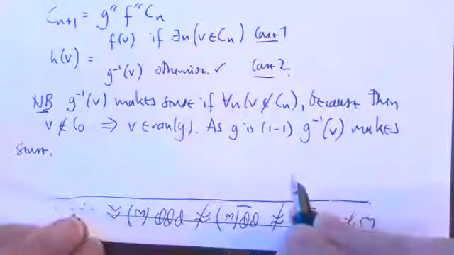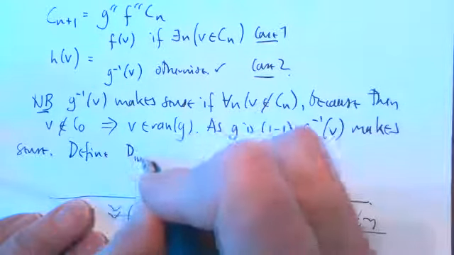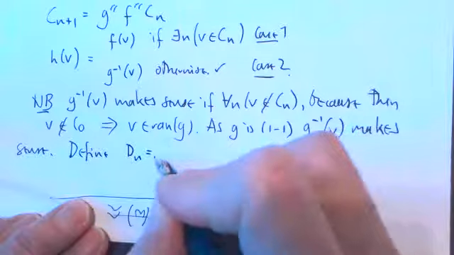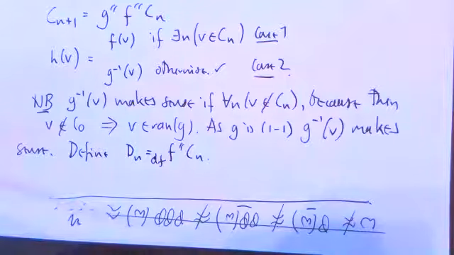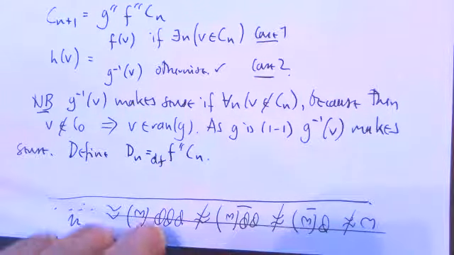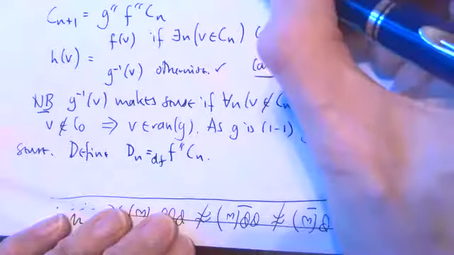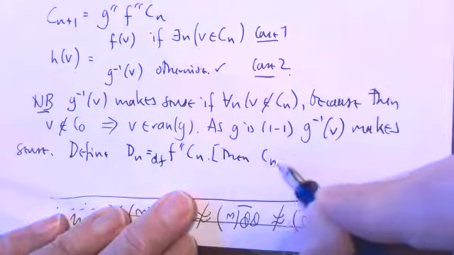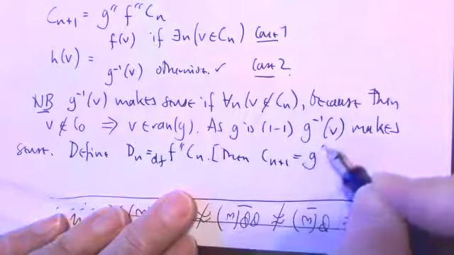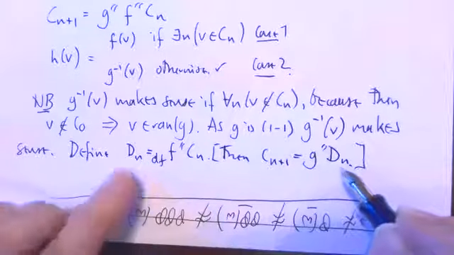And we'll call this one D1, etc. So we'll define Dn to be F on Cn. So Cn plus 1 then is just G applied to Dn. There's nothing there. I'm just using the definition of Dn.